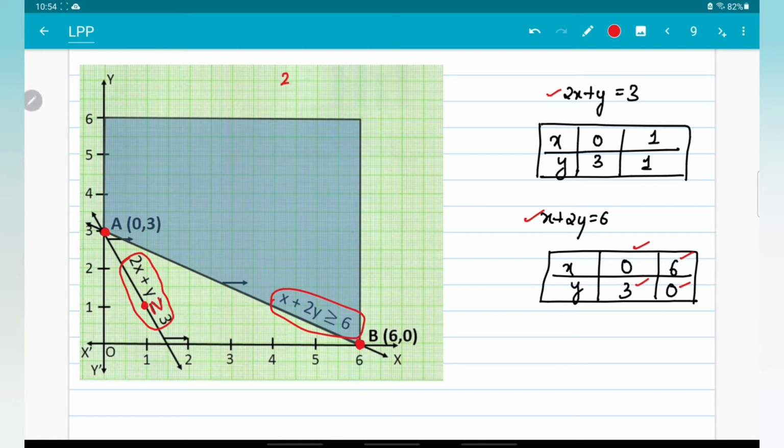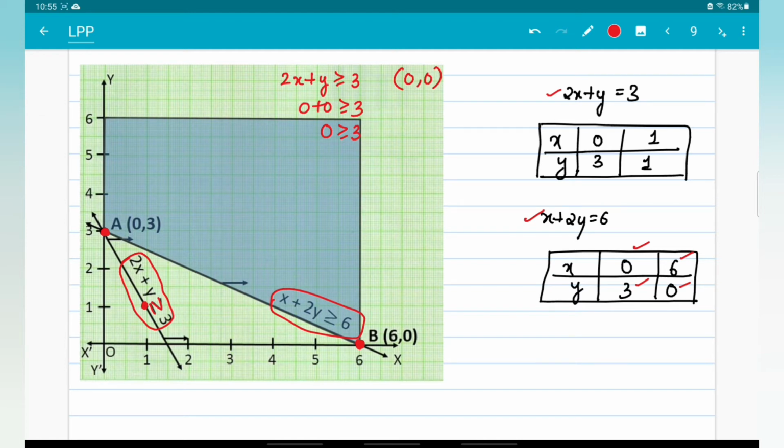Let me take this equation as 2x plus y is greater than or equal to 3. This is my first equation, and now I'm going to check its feasibility. I'll take the point 0 comma 0, and in place of x and y I'm going to place 0. So it becomes 0 plus 0 is greater than or equal to 3, which means that 0 is greater than or equal to 3. Neither is 0 equal to 3 nor is it greater than 3.